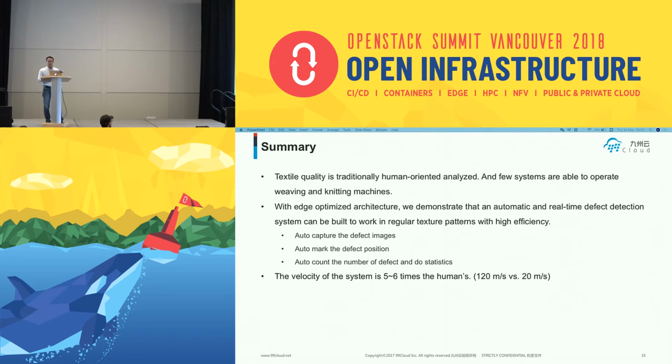Normally, when the fabric is scoring, the speed with human inspection is about 20 meters per second. But with this automation system, we can speed up to 120 meters per second. That is a huge improvement for textile manufacturing.